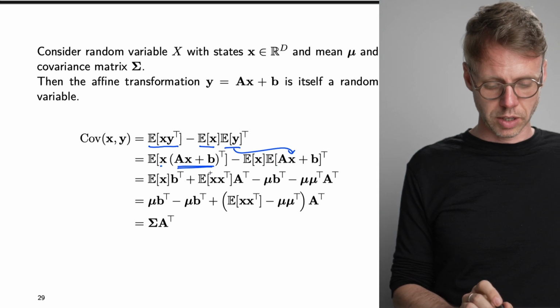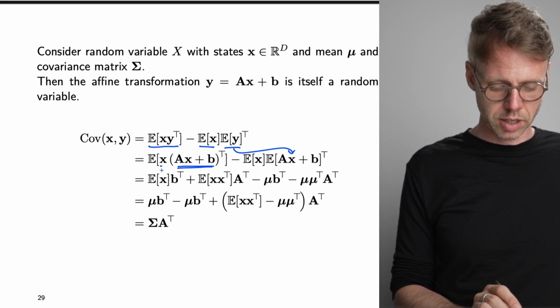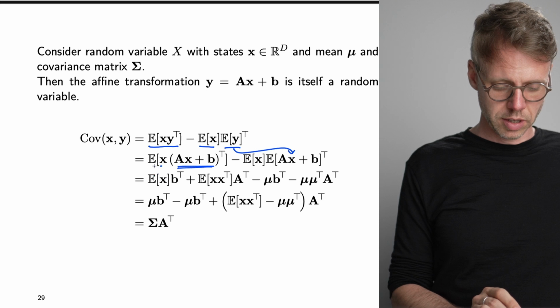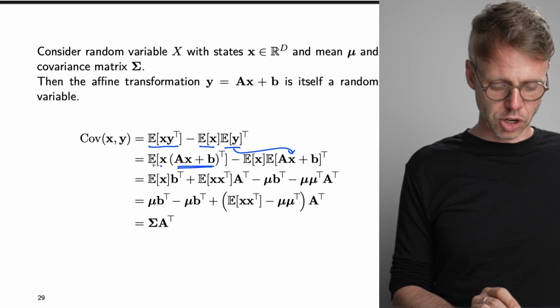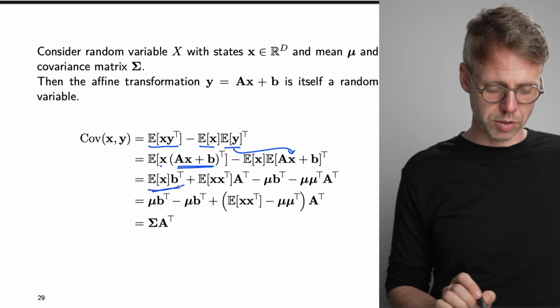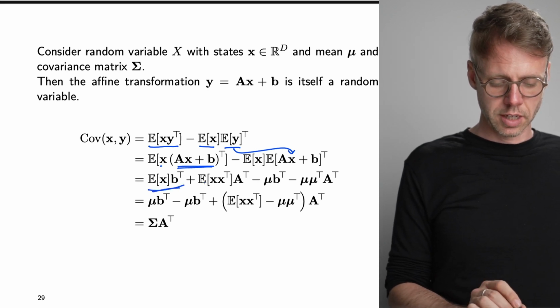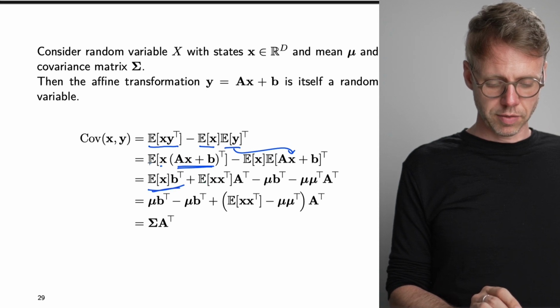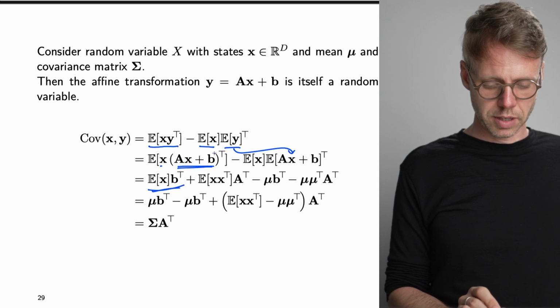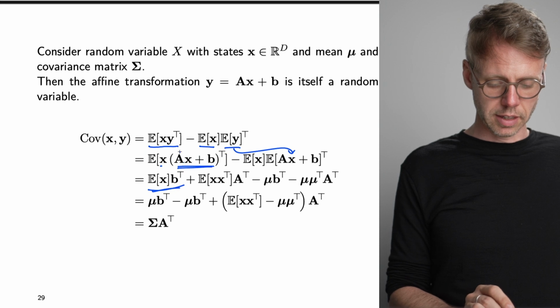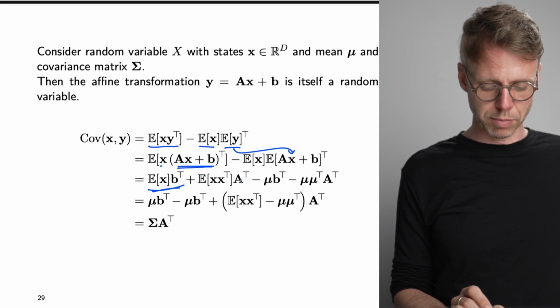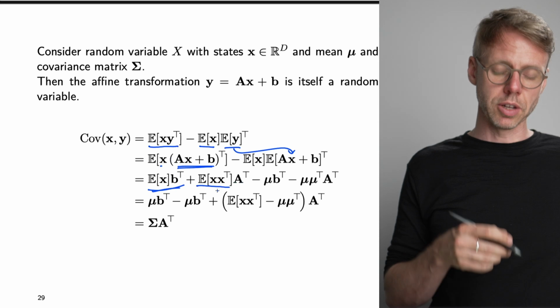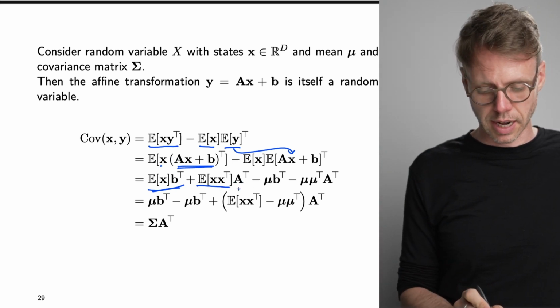Now we can use the linearity of expectations to split the first expectation up into E of x x transpose A transpose plus E of x b transpose. b is a constant, so it goes out of the expectation. And in the other case, we have E of x x transpose A transpose. A is again a constant, so we can pull it out.